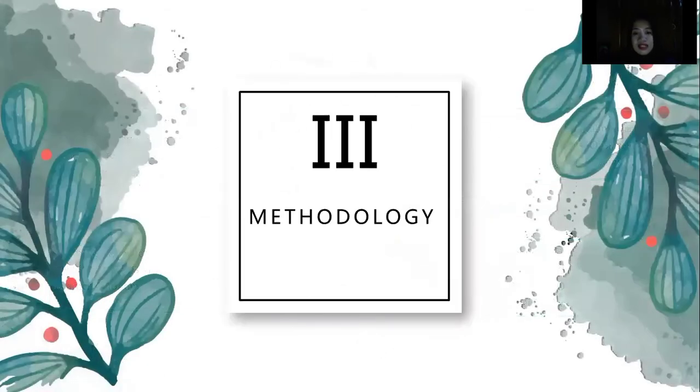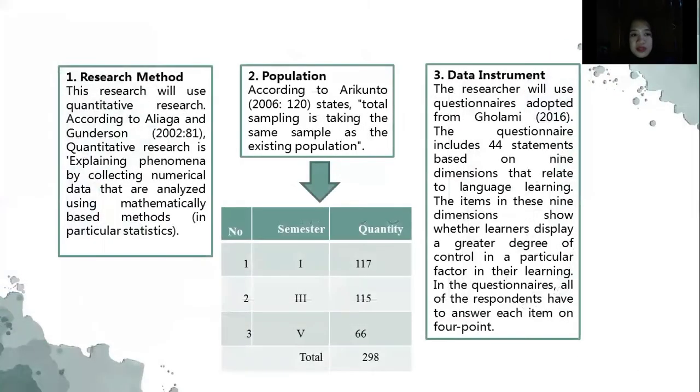And then the last chapter is chapter 3, methodology. First, research method. This research will use quantitative research. According to Aliaga and Gunderson, 2000 and 2002, page 81, quantitative research is explaining phenomena by collecting numerical data that are analyzed using mathematically based methods, in particular statistics.